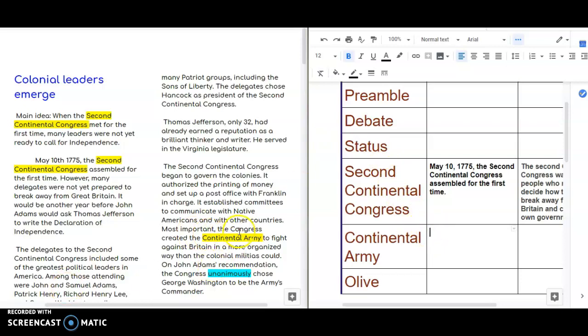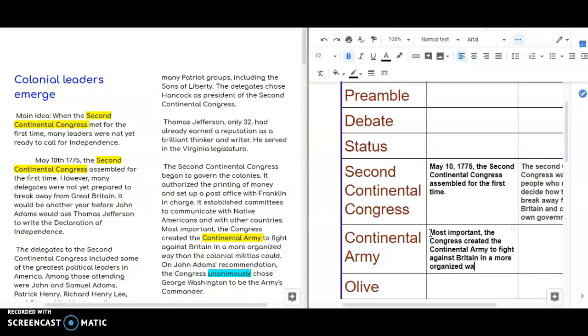The sentence where I find Continental Army says, most important, the Congress created the Continental Army to fight against Britain in a more organized way than the colonial militias could.